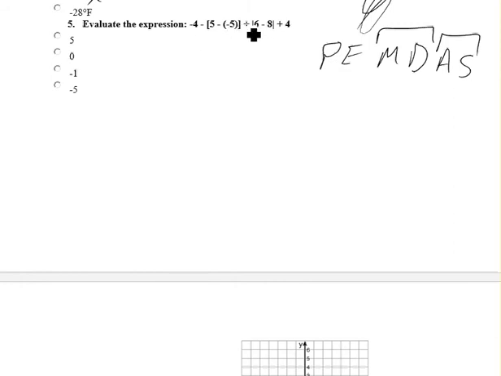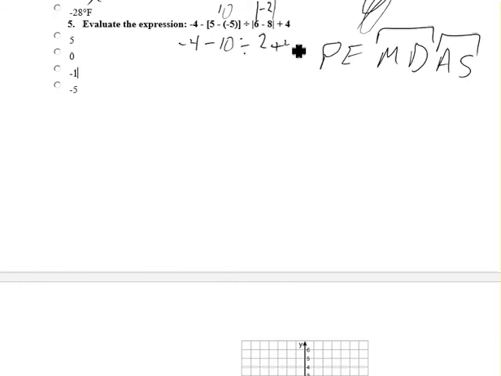So we got 5. Minus a minus is plus, so 5 plus 5 is 10. So I've got 10 there, and those brackets are gone. Divide 6 minus 8. That's an absolute value sign, so I've got minus 2 in the absolute value, so that's going to become 2. So now I have negative 4 minus 10 divide 2 plus 4.